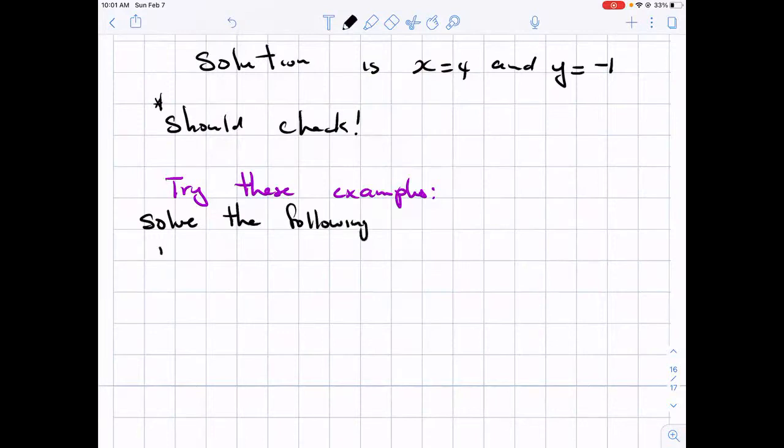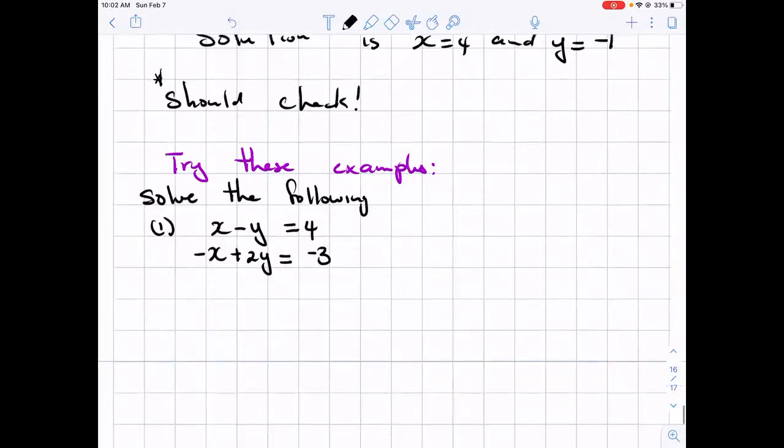Problem 1, let's start out with a simple example. x minus y equals 4, and minus x plus 2y is equal to negative 3.